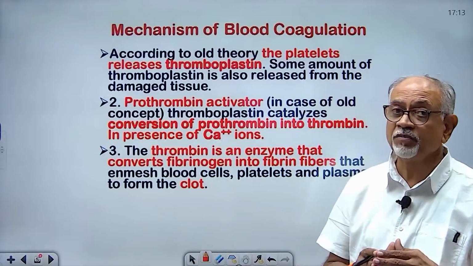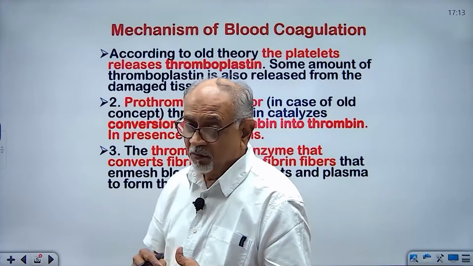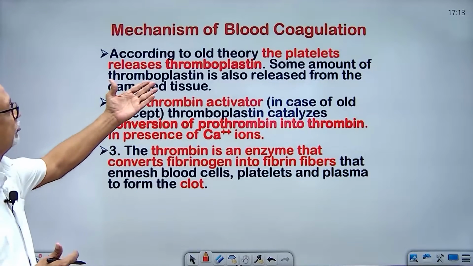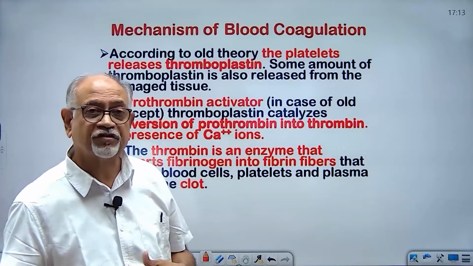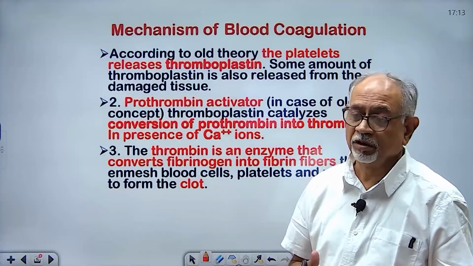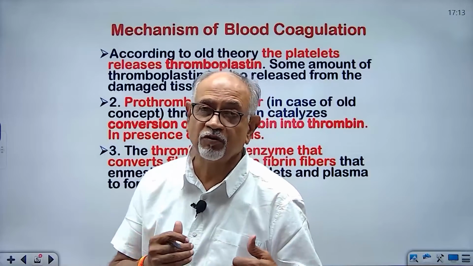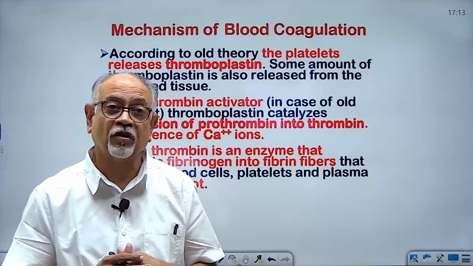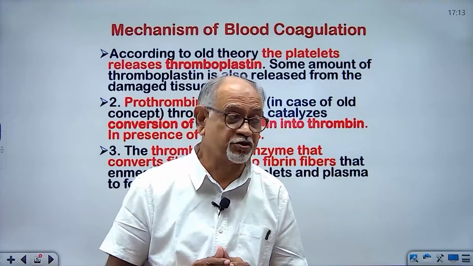This prothrombin, when it is acted upon by another factor called thromboplastin, the thromboplastin converts prothrombin into thrombin, and this thrombin converts Fibrinogen into Fibrin. That is how the whole process of blood clotting can be summarized.